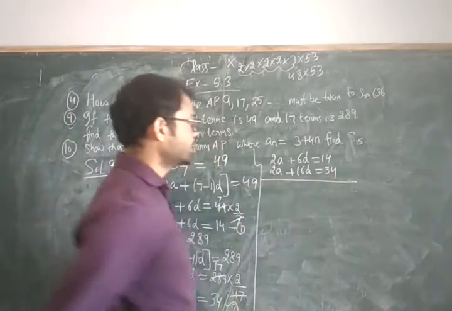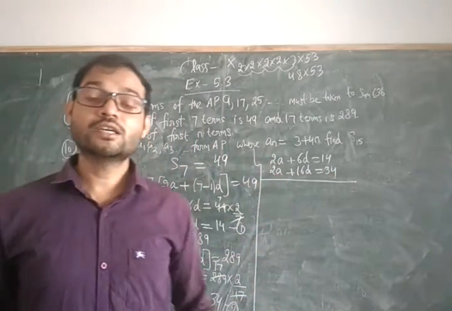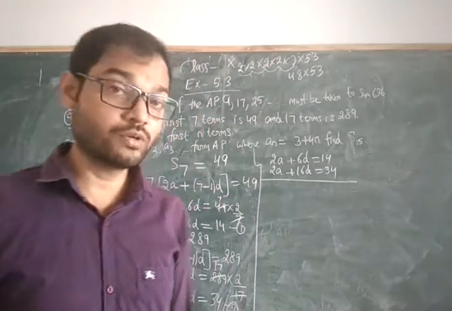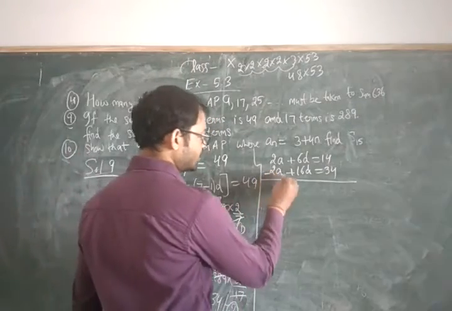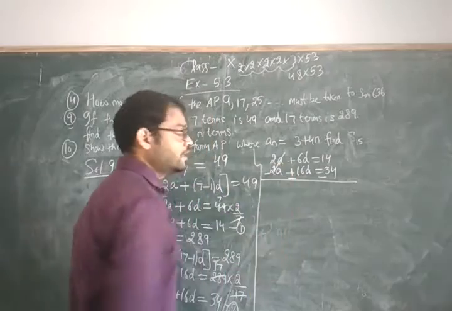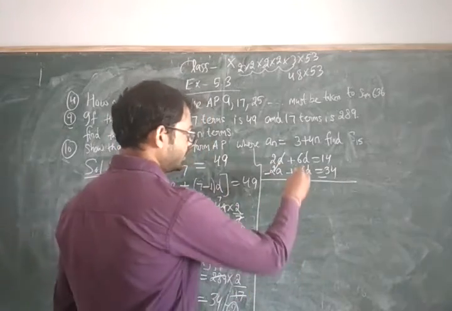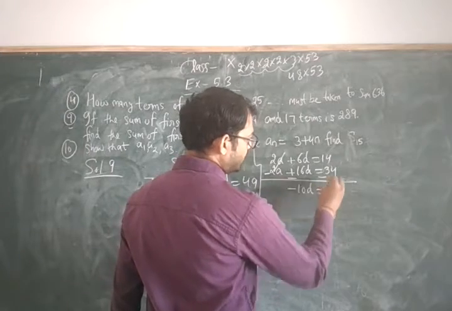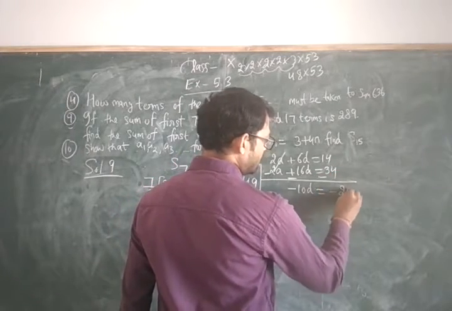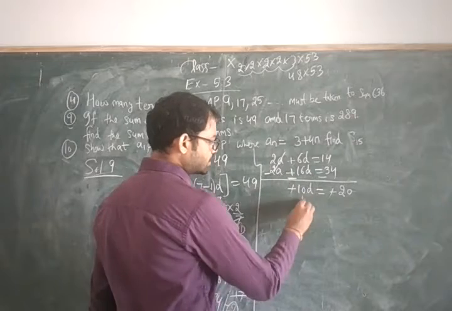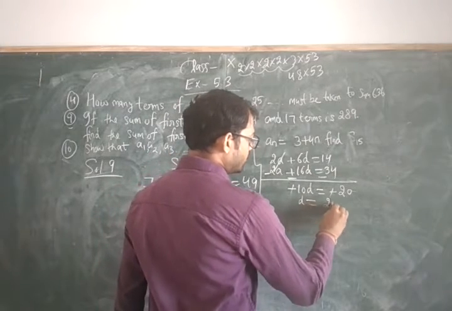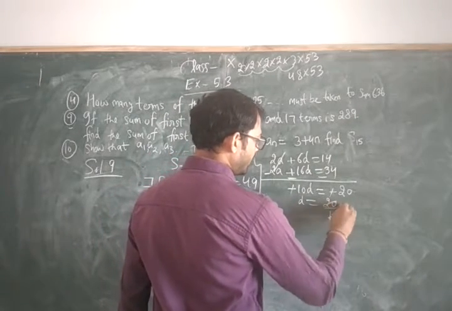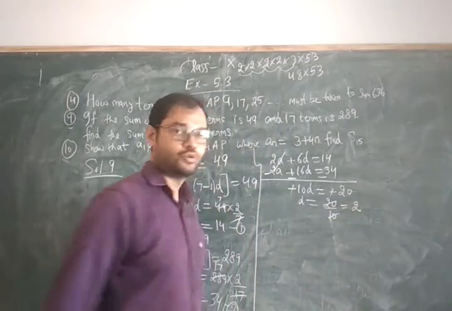Now you can see that in this one both a's are equal, so you can just change the sign and this will cancel out, and 6 minus 16 will become minus 10, and here it will become minus 20. So minus cancels with minus, so d will be equal to 20 upon 10, and your d is 2.